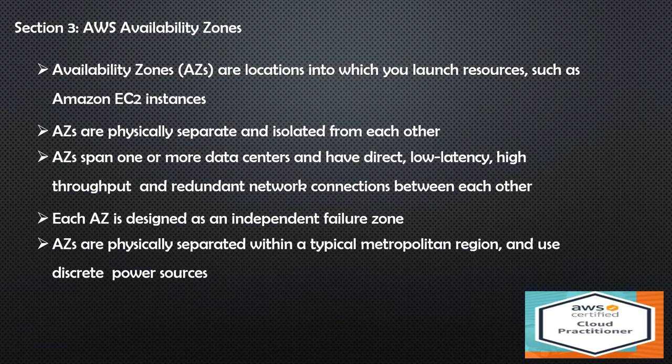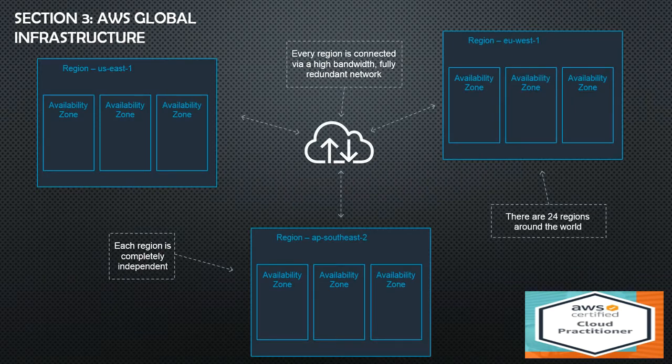Each AZ is designed as an independent failure zone. As I said, if one AZ fails, it will not affect the other AZs in that region. AZs are physically separated within a typical metropolitan region and use discrete power sources, so they will be running on separate power sources. Okay, let's move on to the next slide, which is the AWS global infrastructure.